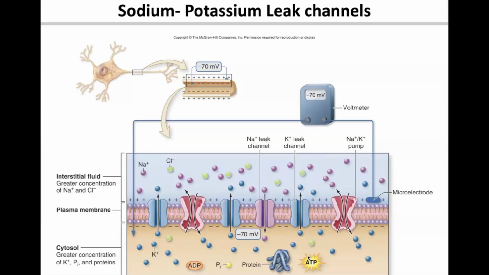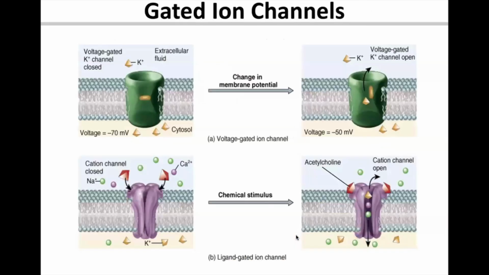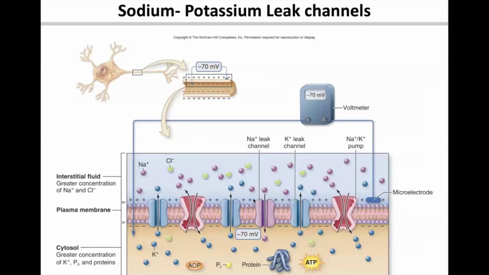But just to make things more complicated, the potassium leak channel is much more permeable to potassium ions than the sodium leak channel is to sodium. So tons of potassium ions will go outside of this plasma membrane.